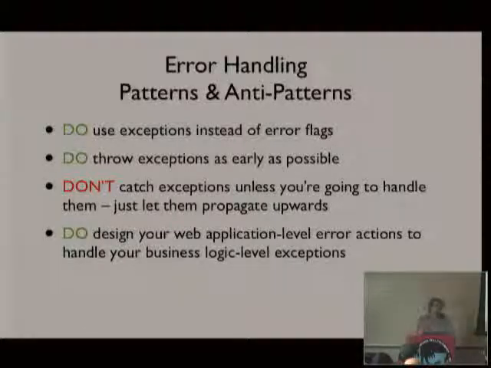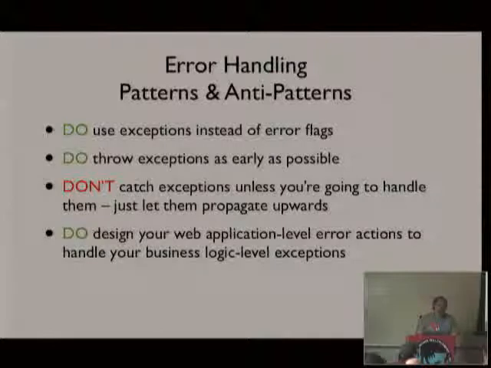In general, some error handling patterns and anti-patterns, stuff I've seen particularly at work, but other places, you should use exceptions instead of error flags. Let's get rid of the error flags. You should throw exceptions as early as possible. There's nothing I like more than seeing like a couple 100-line method where halfway through an exception is thrown because something didn't get passed in right. Like, if you're going to do that, do it at the beginning. Don't catch exceptions and then rethrow them for no reason.